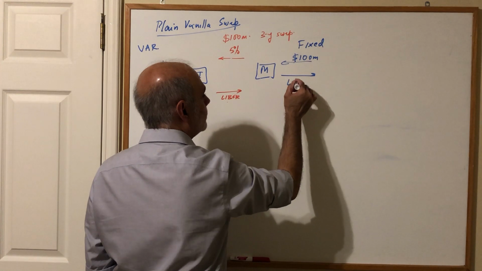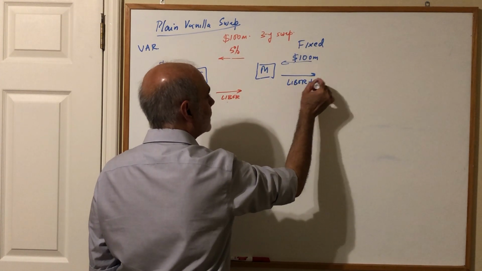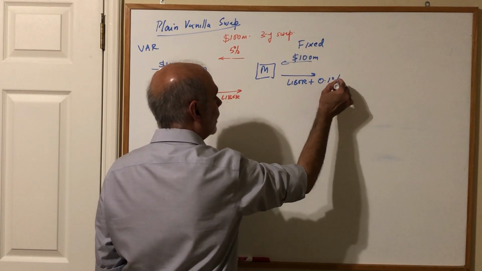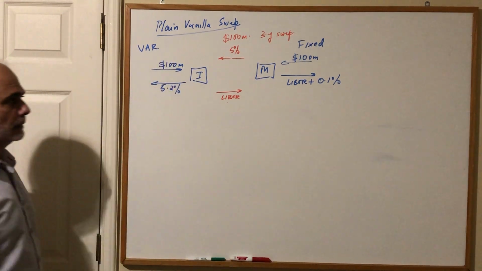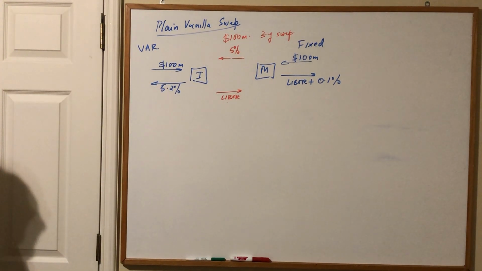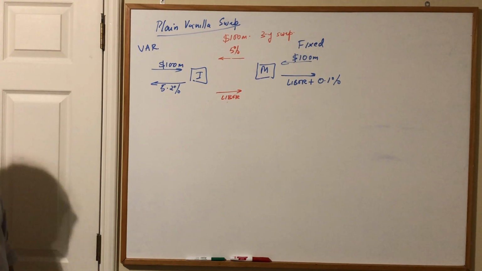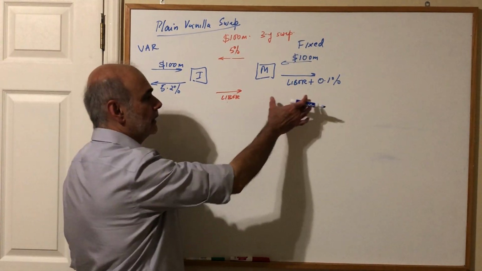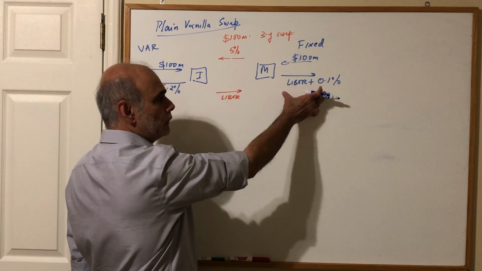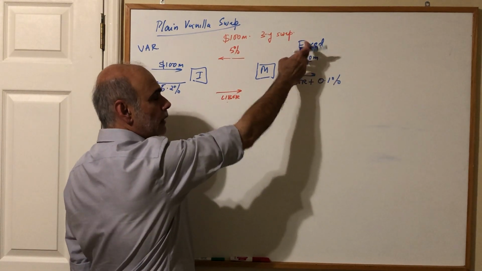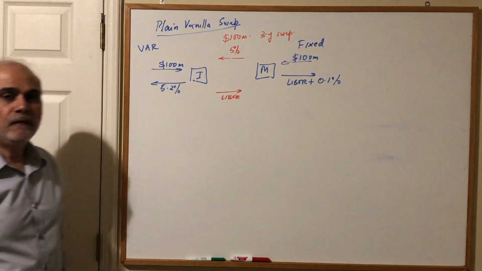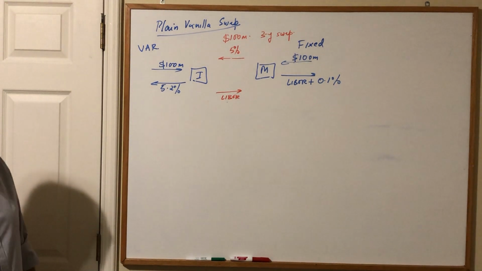And we assume that the market offers most favorable terms on variable, which is LIBOR. Suppose it's offered LIBOR plus 0.1%. Okay, so now, again, Microsoft gets the most favorable terms on LIBOR, but is that what it wants? It wants fixed. So neither one of these guys are happy.